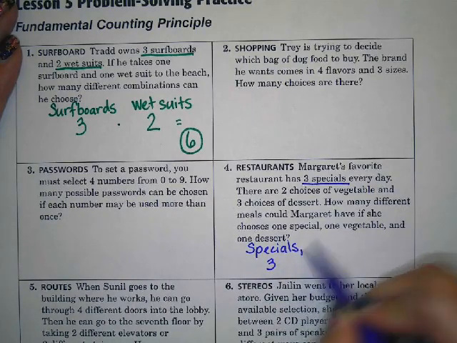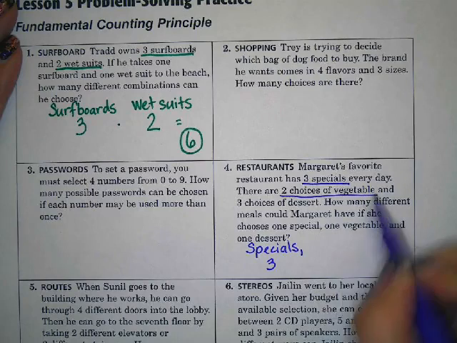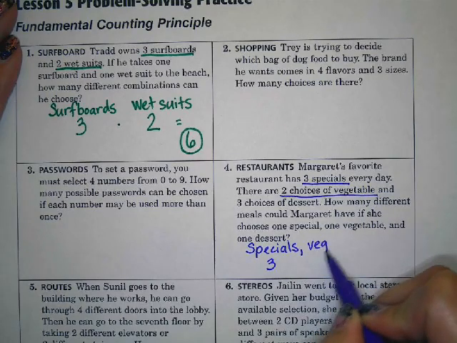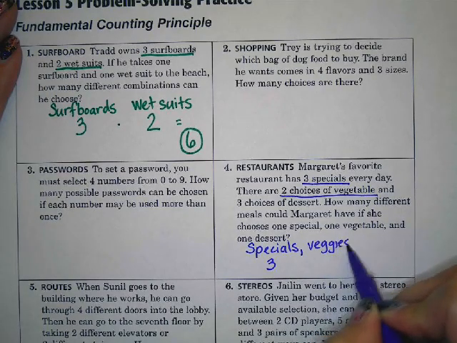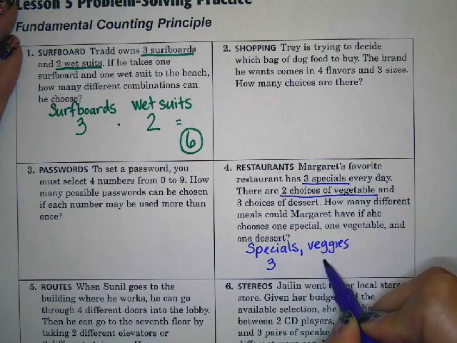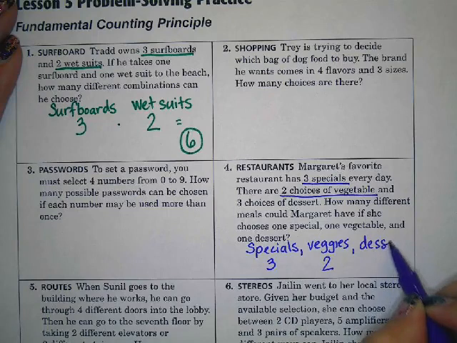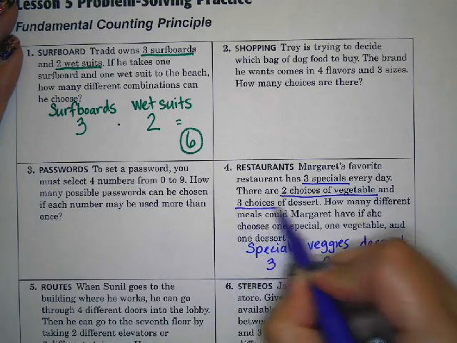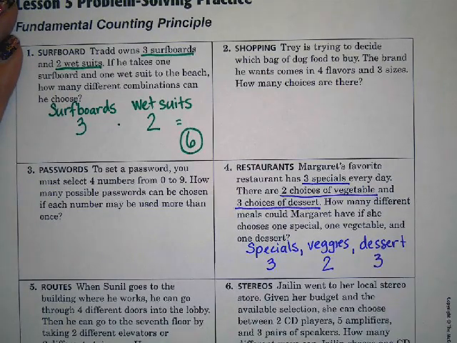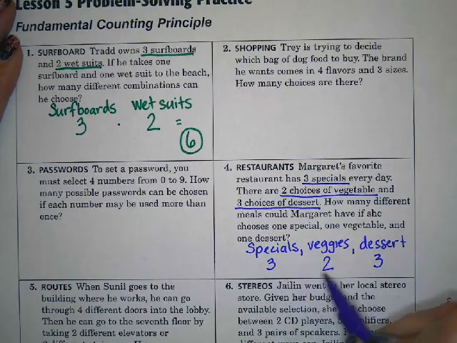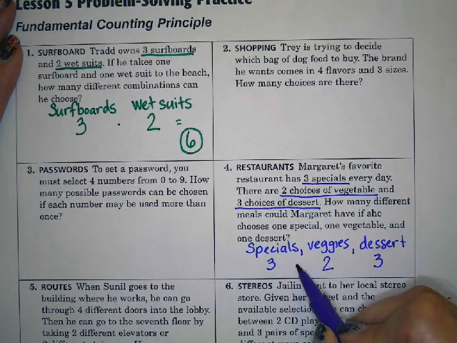We have 2 choices of vegetables, so veggies, and we have 2 choices. And then dessert, we have 3 choices. Okay, so using the fundamental counting principle, we can multiply all of our different outcomes to find out how many different ones.